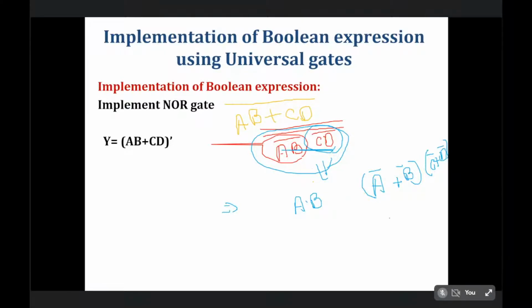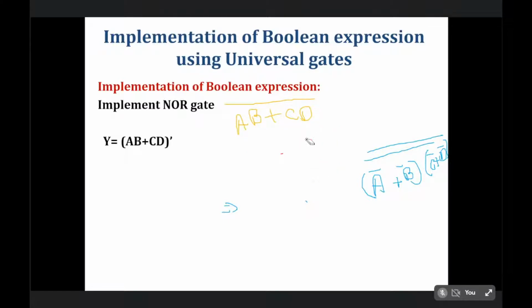Then if we take the complement of this thing, complement two times, it will be A bar plus B bar plus C bar plus D bar, and this one with the bar and the whole bar.